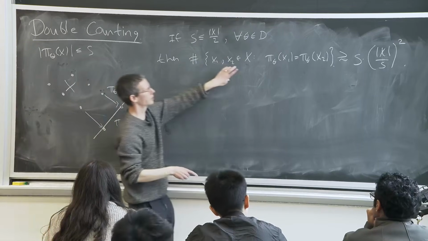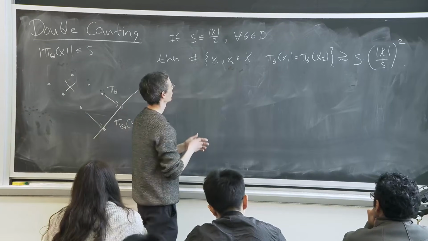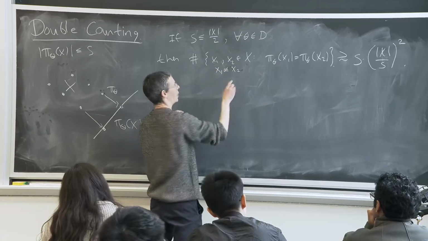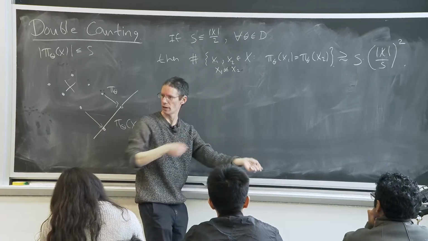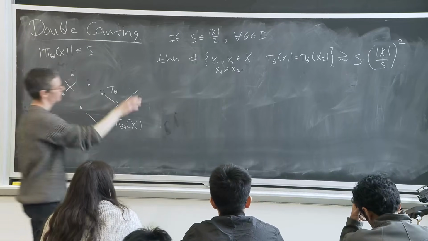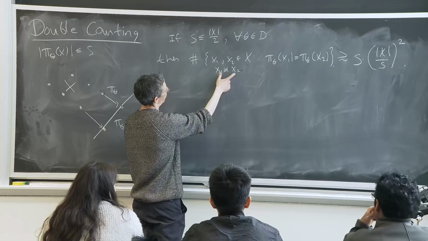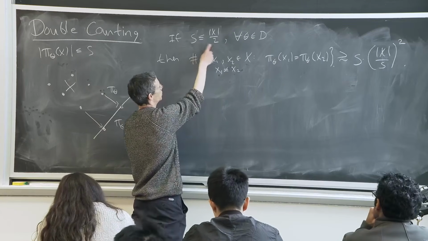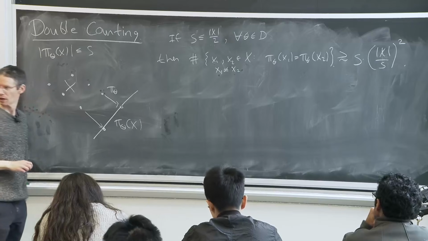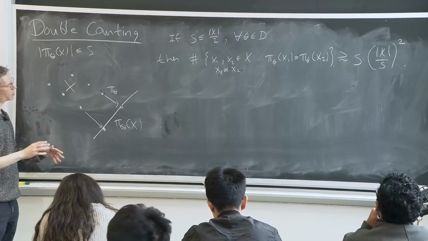So that would give us this. Now, actually, let me add here that I'm interested in 2 different points that got projected to the same point. So this is still true, but because I put 2 different points here, that's where I needed to use this hypothesis. OK, so that was some intuition why it might be true.